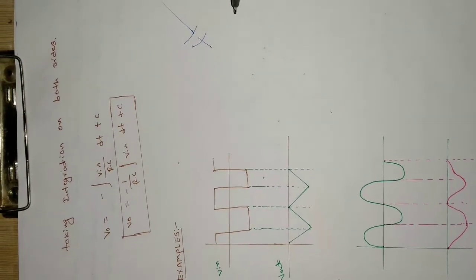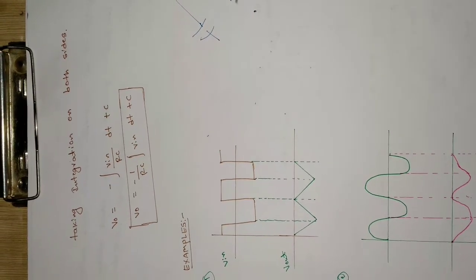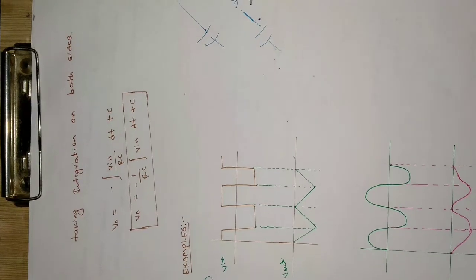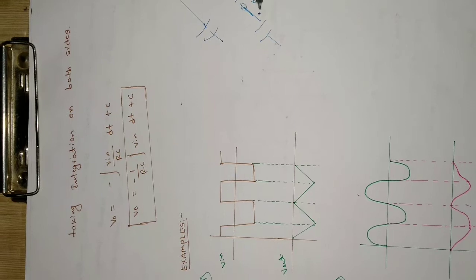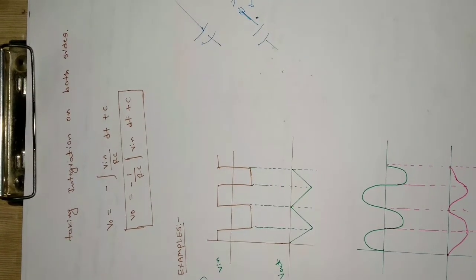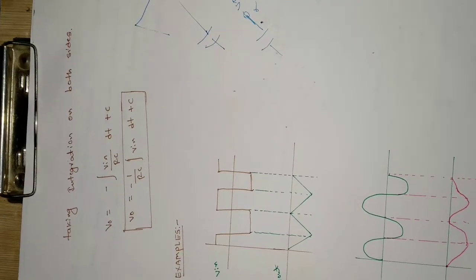So while the capacitor is charging in this circuit, there is no current flowing at the output, so there will be no voltage. Okay, during the negative half cycle of the input, the capacitor starts discharging.